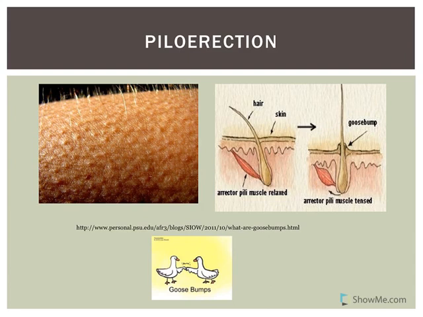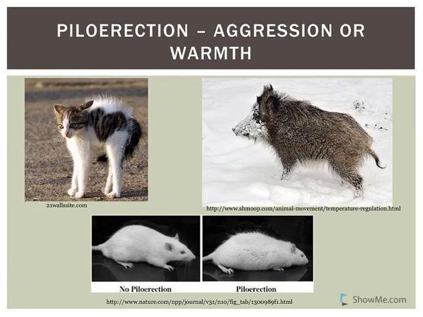But I can explain what piloerection is important for in mammals who have significantly a lot more hair. If you look here at animals, like the cat, or you've even seen it with your dogs, when they have piloerection, it shows a little bit of aggression, like, hey, don't mess with me, and makes them look a little bit more intimidating.